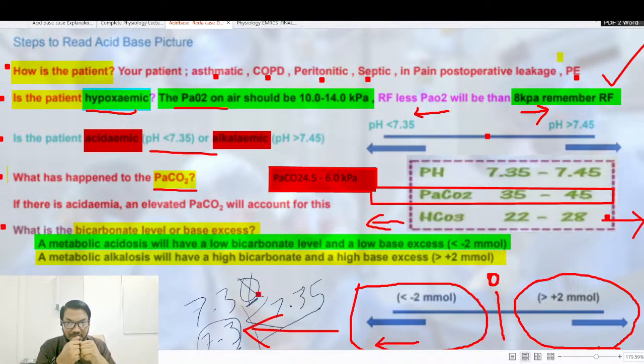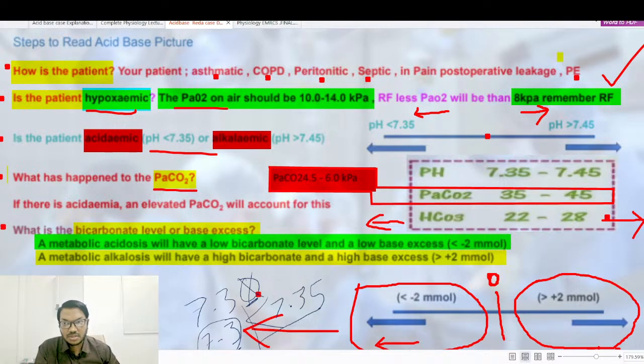If the patient is hypoxemic, means partial pressure of oxygen on room air, normally it should be 10 to 14 kilopascal. But if partial pressure of oxygen is less than 8, then it is respiratory failure. We take saturation as a percentage like 98%, 100%, but in kilopascal, if it is less than 8 kilopascal, this is respiratory failure.